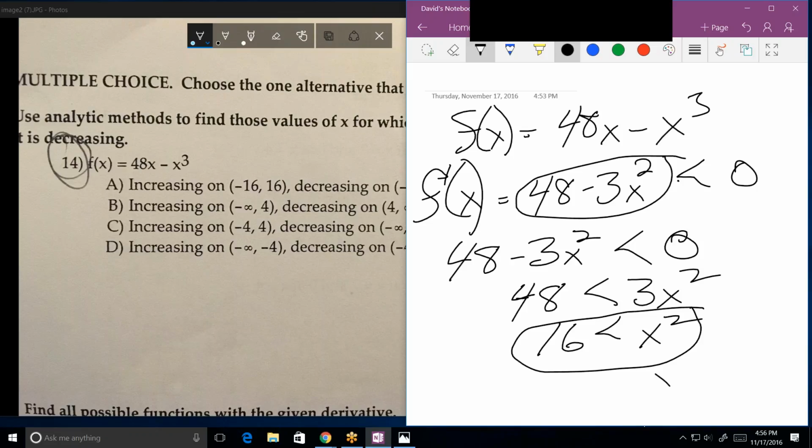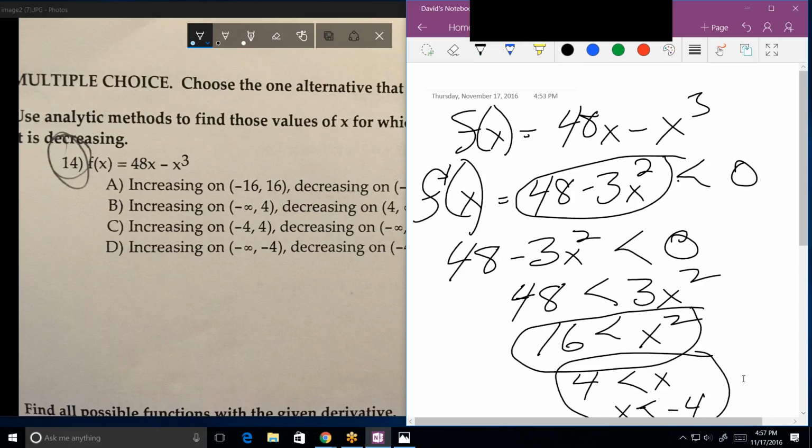So I get x greater than positive 4 or x less than negative 4. Notice that with either of those cases, x squared is greater than 16 when x is either greater than 4 or less than minus 4.